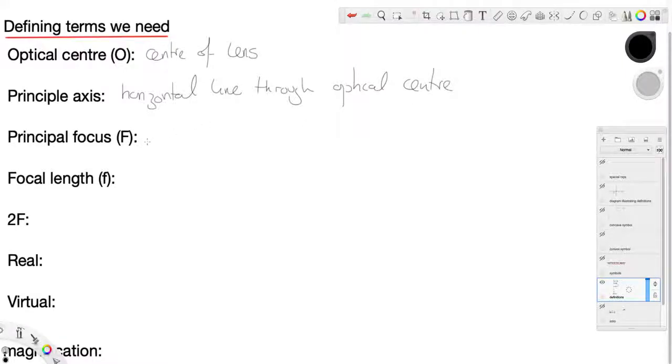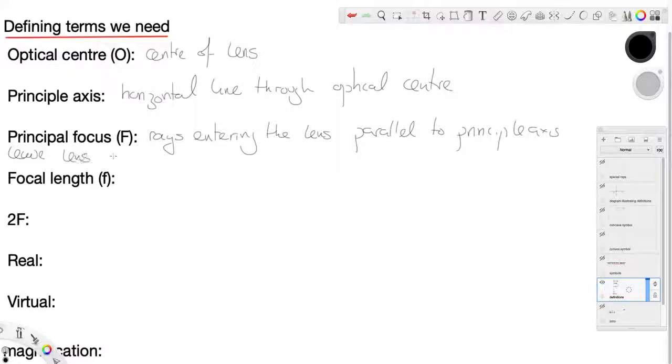Principal focus, well, rays entering the lens parallel to the principal axis leave the lens through the principal focus.